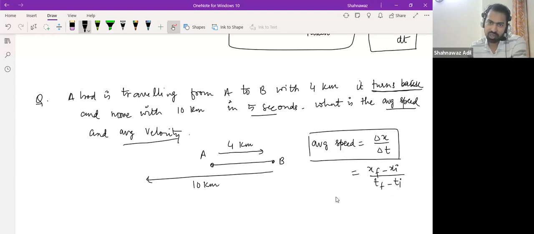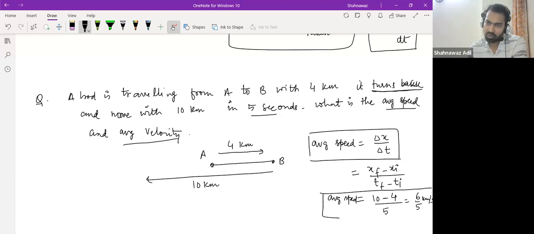So x final is 10 kilometer minus x initial 4 kilometer, divided by total time t final minus t initial, which is 5 seconds. So 6 by 5 kilometer per second. This is the average speed, guys.